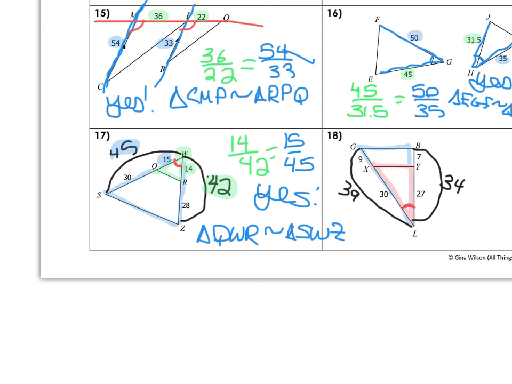So we'll go ahead and do the smallest one, so 27 and 34. 27 over 34 is equal to, and let's do the next one. So we're going to do 30 and 39. 30 over 39. And in this case, they do not work, so therefore it's a big no.